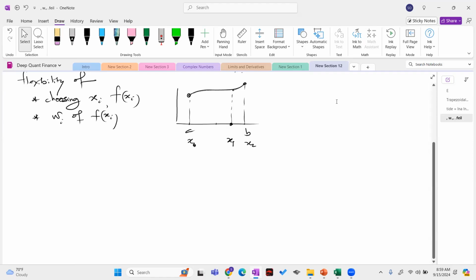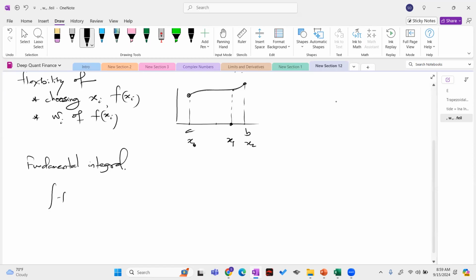Okay. Before we proceed, we'll look at a fundamental integral. We'll only focus on this integral, f(t) dt from -1 to 1. This is what we will focus on. I mean, all the formulas and everything that we derive will be for this specific definite integral.